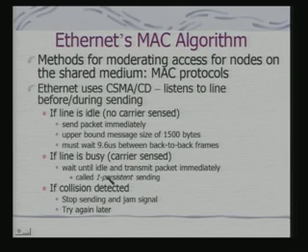If the line is busy, wait until idle and transmit the packet immediately, and this phenomenon is called one persistent sending. If a collision is detected, stop sending, jam the signal and try again later. So, when there is a collision detected, you withdraw and then try later on. That is why we say that this is a collision detect protocol.